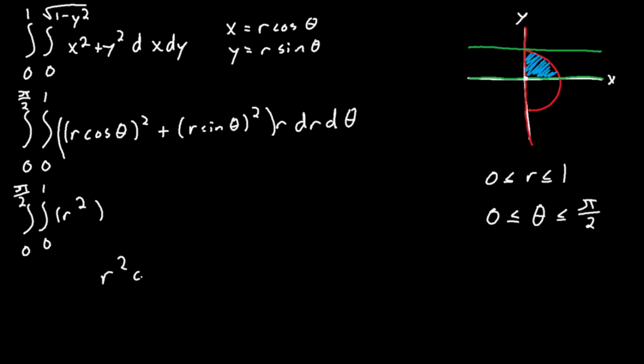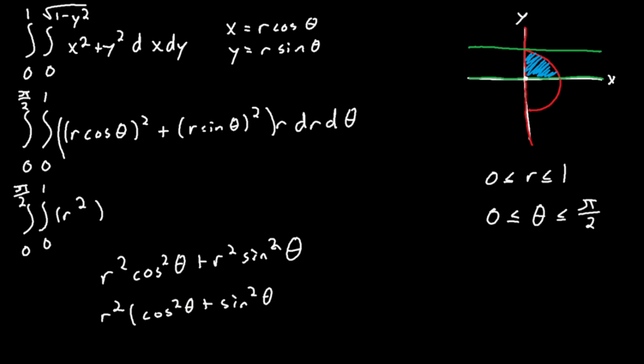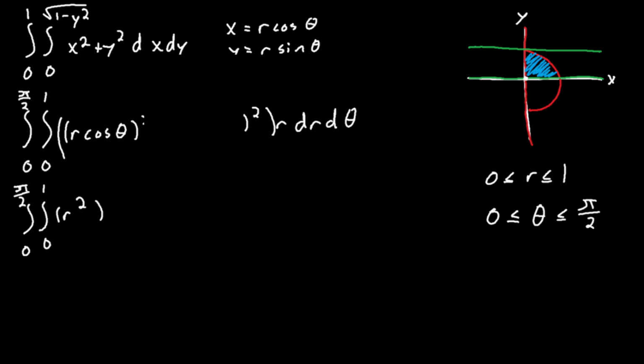So r squared cosine squared theta plus r squared sine squared theta is the expanded form. So if I distribute this power among both of these functions here, this is what we get. We can factor out an r squared, and then all we get is cosine squared plus sine squared. And this is just equal to 1. So this is just r squared times 1, which is just equal to r squared. And that's why we can just say x squared plus y squared is equal to r squared.